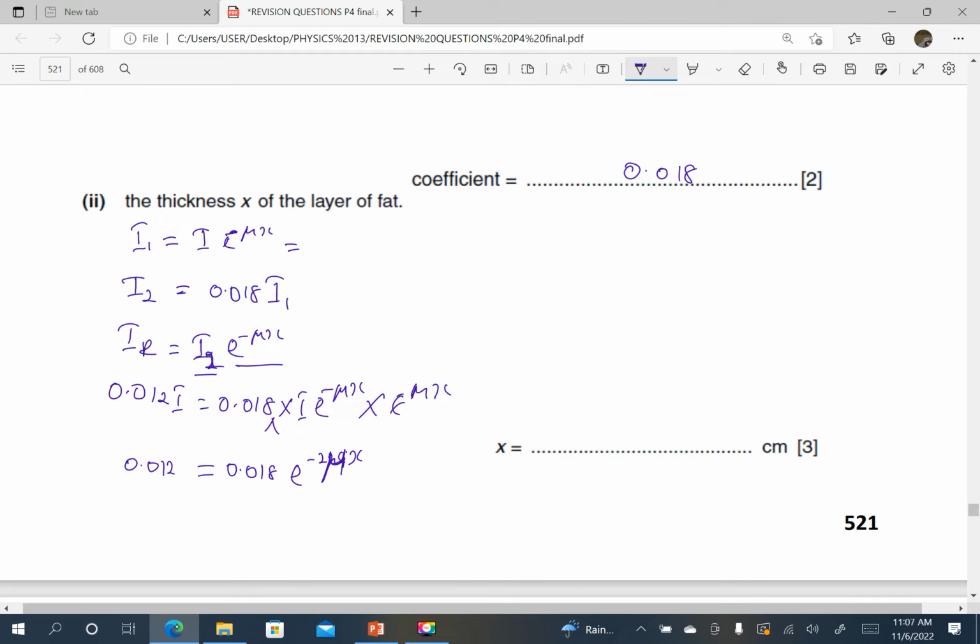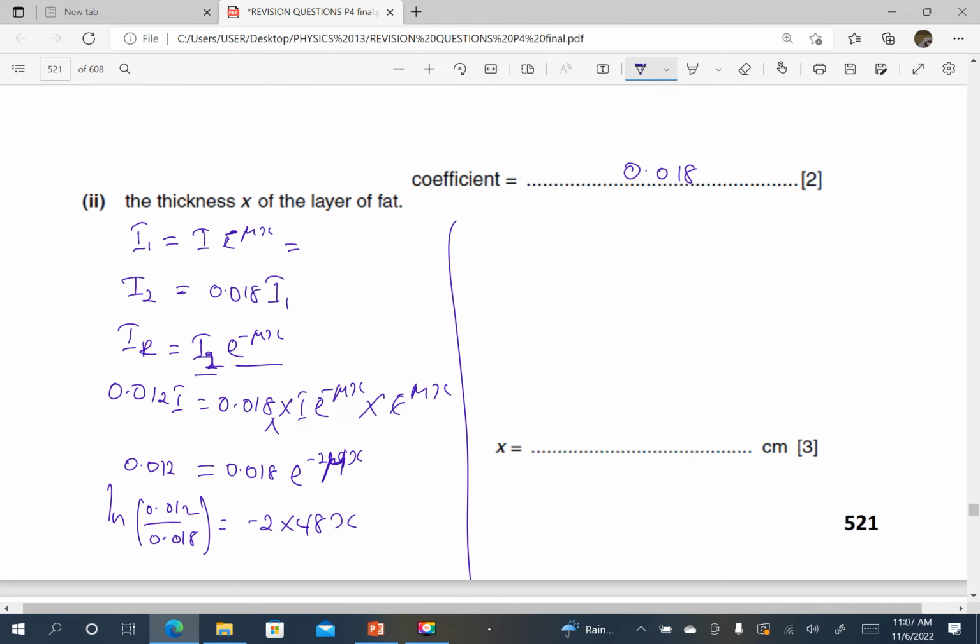Okay. So introduce the natural logarithm. When you introduce the natural logarithm, ln of 0.012 over 0.018 is going to be equal to negative 2 times 48, that is mu, times x.